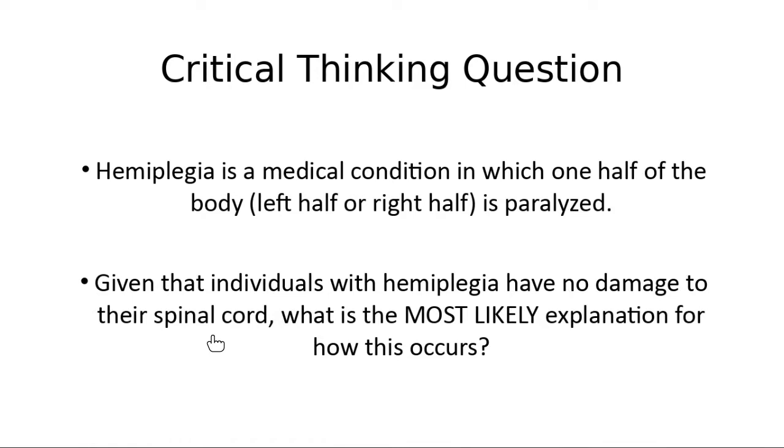Exactly. When we talk about movements of the body, the left side of the body is controlled by the right side of the brain, and the right side of the body is controlled by the left side of the brain. If I only have issues with one half of my body, probably what happened is the opposite half of the brain is not working.